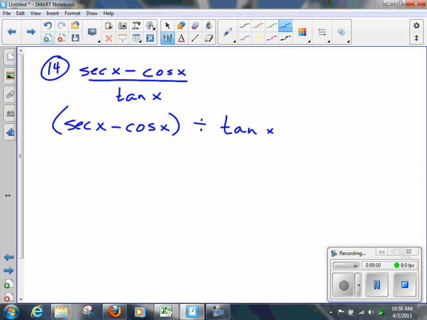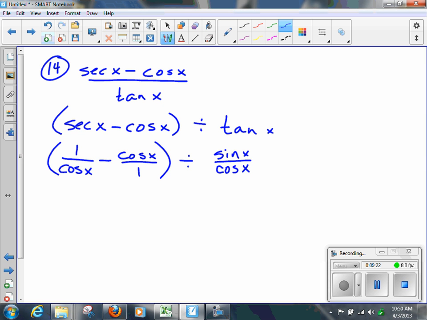Now, how can I rewrite secant? This ought to be immediate. 1 over cosine, good. Minus cosine over 1, right? Divided by who? How can I rewrite tangent? Sine over cosine.